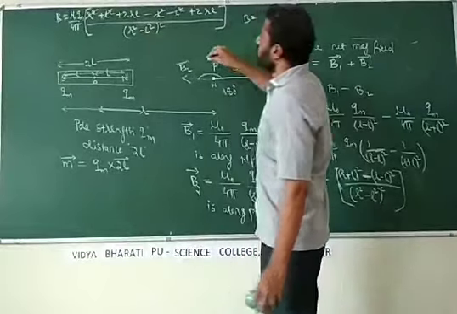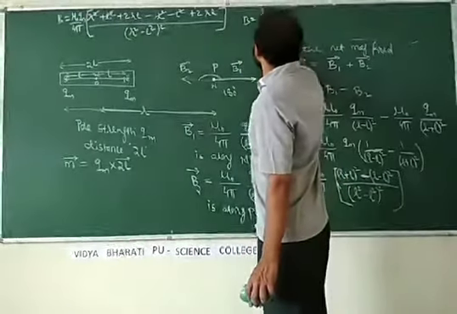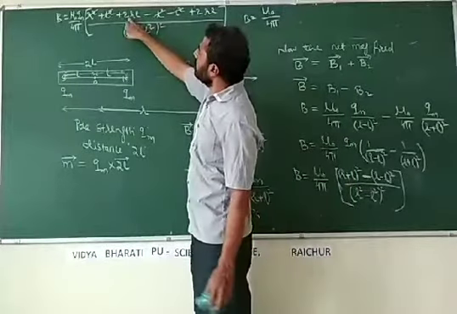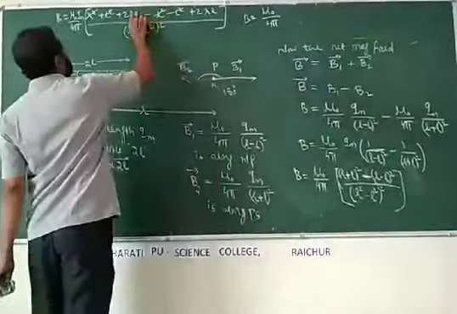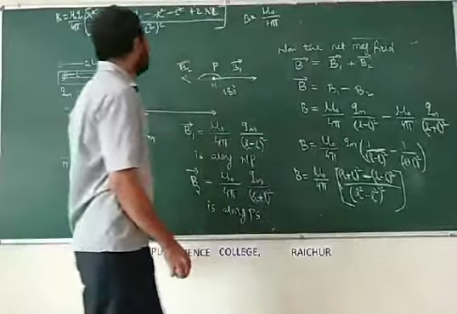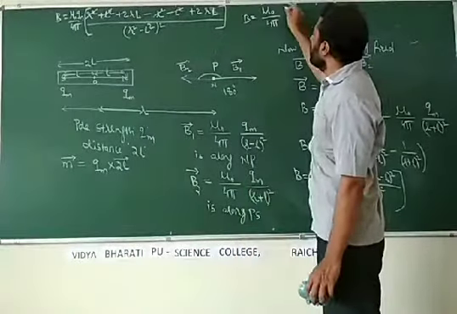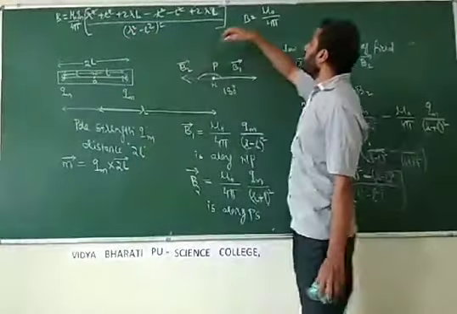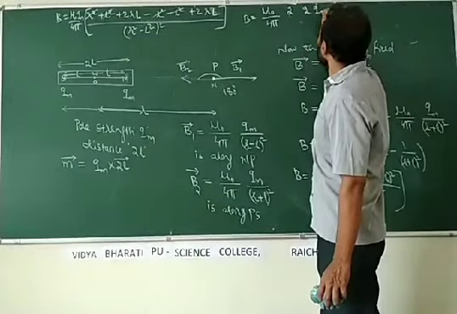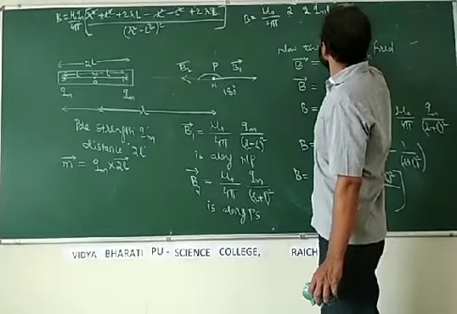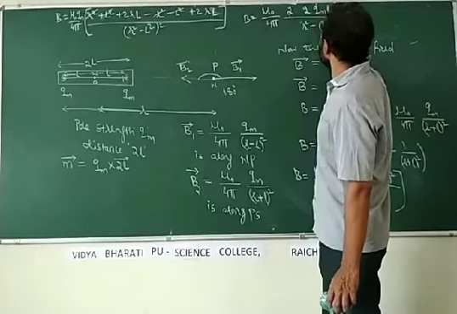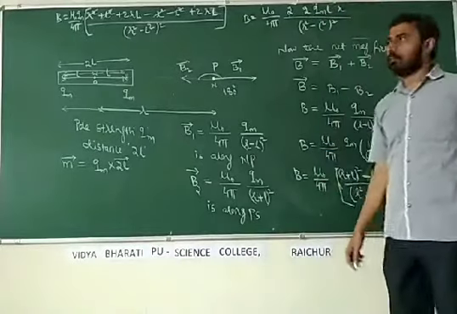Finally, the expression is B equal to mu naught by 4 pi, 2rl. Don't get confused, r and l. 4rl, I write it as 2 into 2, qm l into r divided by (r square minus l square) whole to the power of 2.